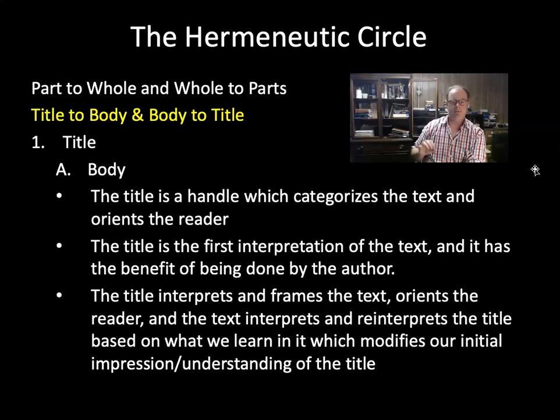Interestingly, Yale scholars said this, and I think it's really valuable. The title is the first interpretation of the text, and what's great about it is it's done by the author rather than some scholar or what have you, right? So if you think about Girl, or you think about Mending Wall, you could probably imagine a lot of titles for those two texts that would be perfectly logical with the substance of what's found in them.